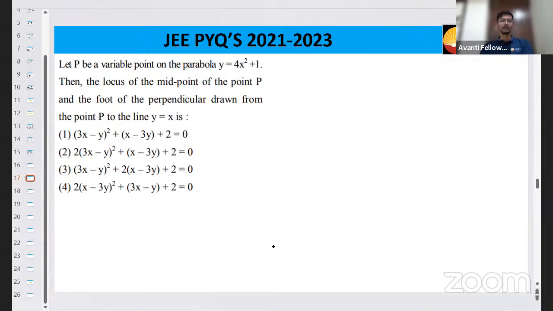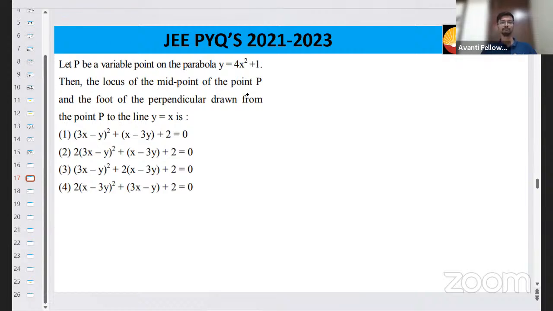So, let P be the variable point. Let P be the variable point on the parabola. Then the locus of the midpoint of P and the foot of perpendicular drawn from P to the line.